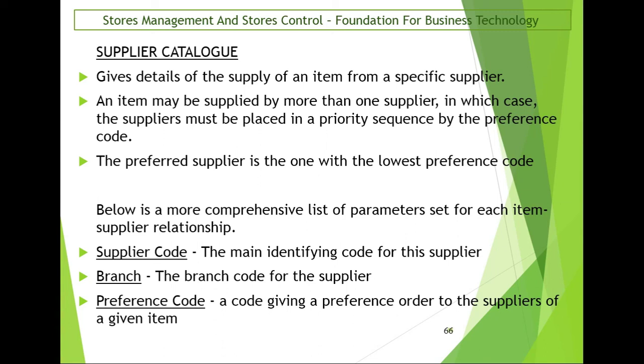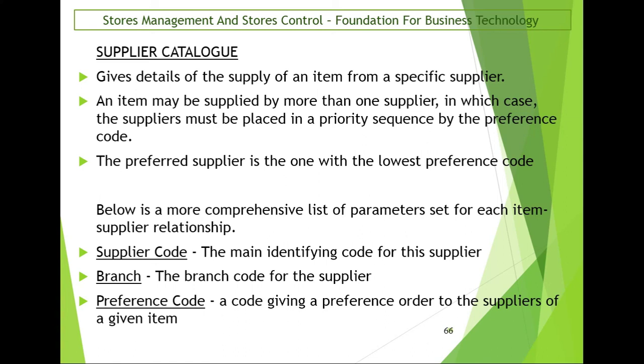On our bin card, we can specify and say our preferred supplier for this item is Game Store. And we can say Game Store, their preference code is 1. And then another supplier can get a preference code of 2. Meaning if that item is not found at Game, we go to the next supplier with the next preference code.